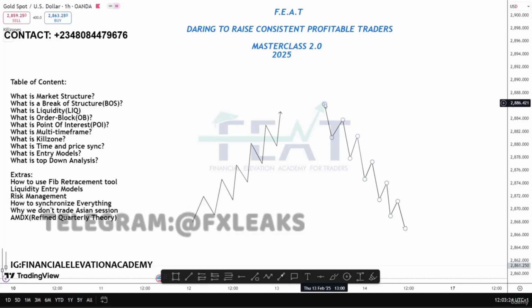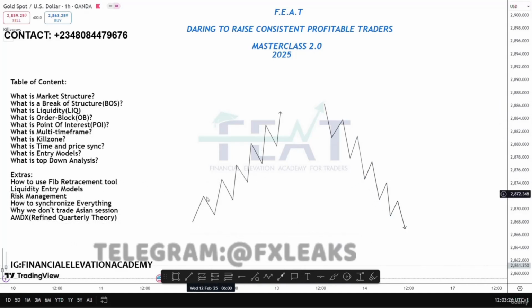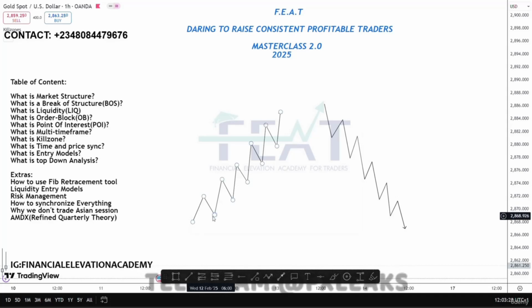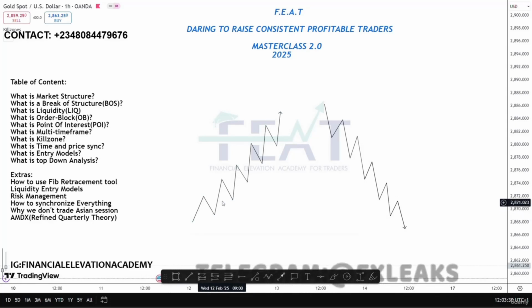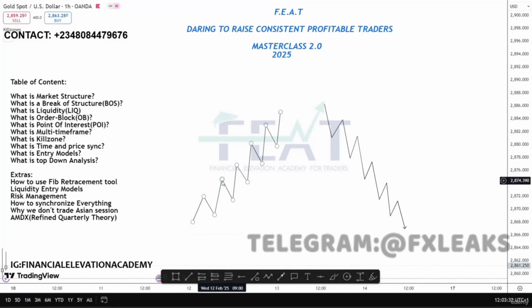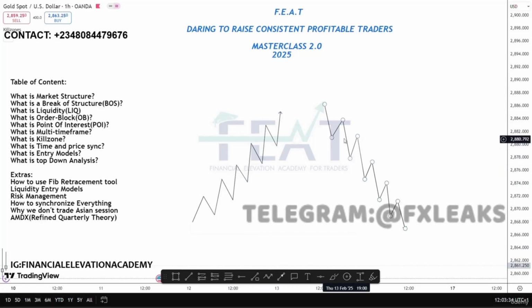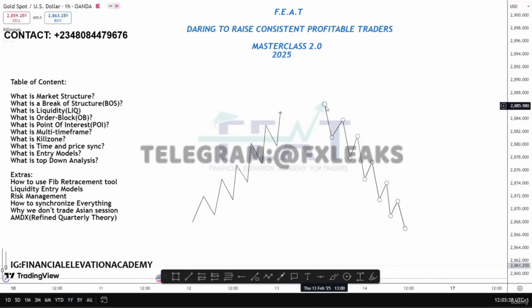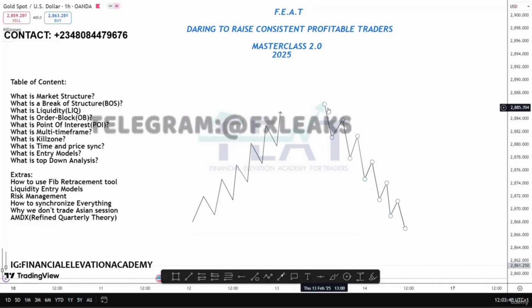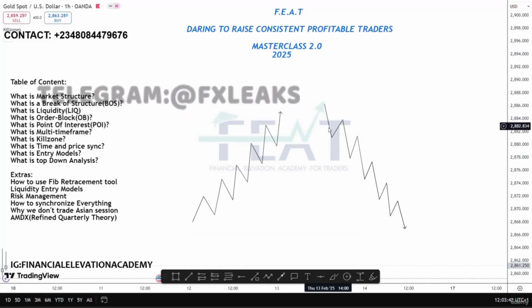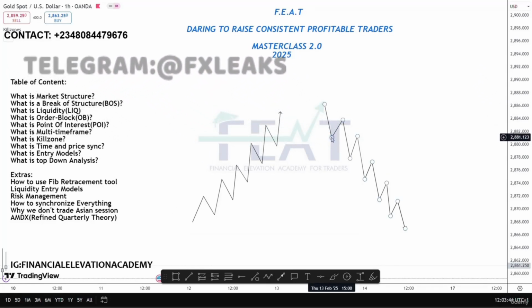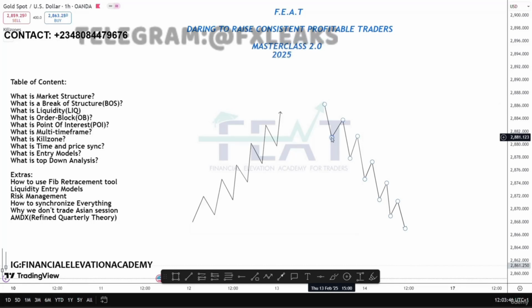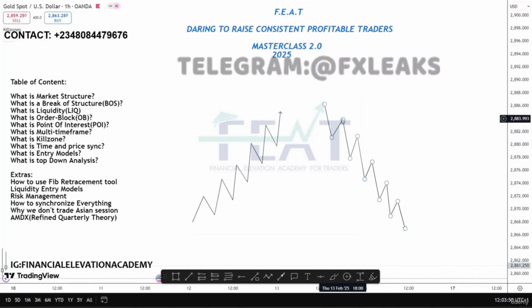Now this is the high, and remember on the bullish market, the lows were creating new highs or higher highs. Now on this scenario, the highs are creating new lows, or we could call them lower lows. Now this is a high creating what?